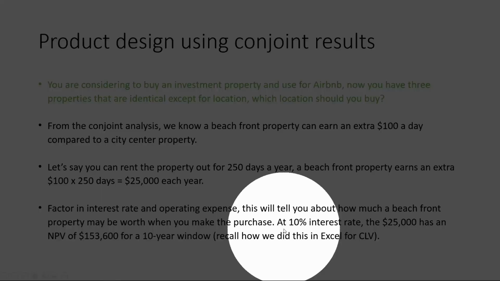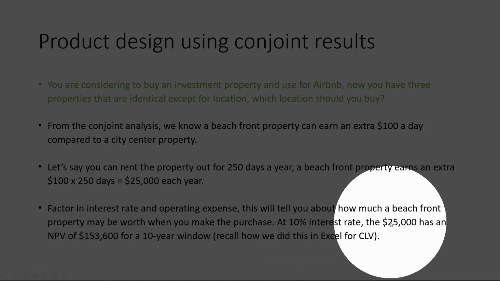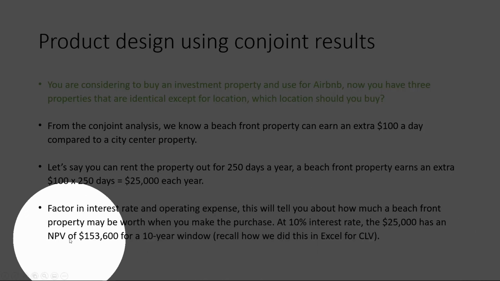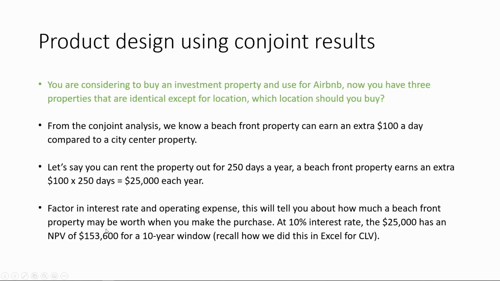And let's say when the interest rate is 10% and the operating expense is identical for a beachfront property versus a city center property, then that $25,000 extra a year can translate into an NPV of $153,600 for a 10-year time window. The NPV calculation is the same as what we did for a previous lecture on the customer lifetime value.